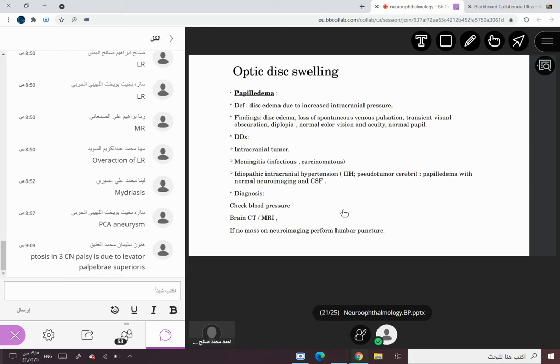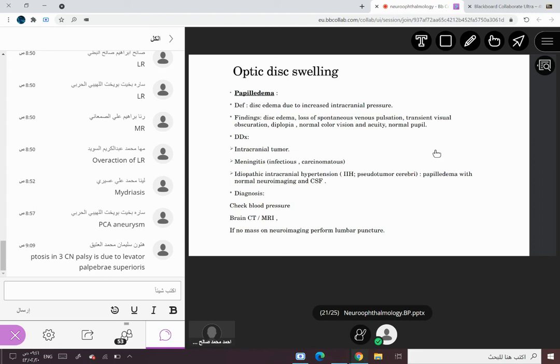We call it Foster Kennedy syndrome. In this syndrome, the patient will have papilledema from the start, and will have chronic papilledema.